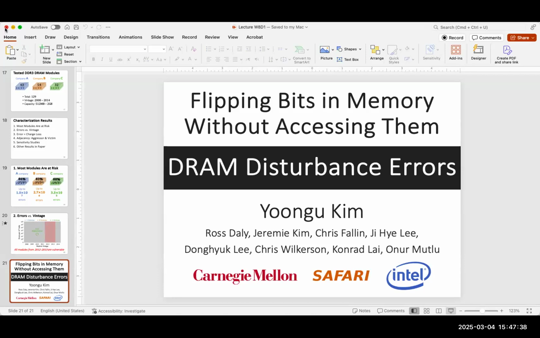Because the two are doing two different things. In Flush+Reload, your target is to steal the secret key. Here you are not interested in stealing anything. You are interested in corrupting the key.